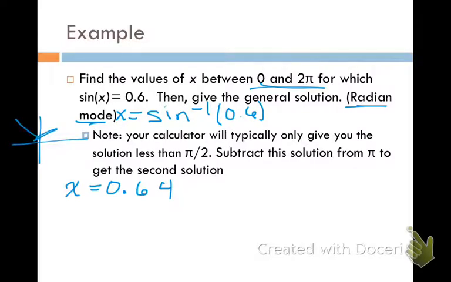To get the answer in the second quadrant, where sine is also positive, we're going to take this first answer and subtract it from pi. Because the first and second answer will be supplementary. They're going to add up to pi. So you can use a decimal approximation for this.